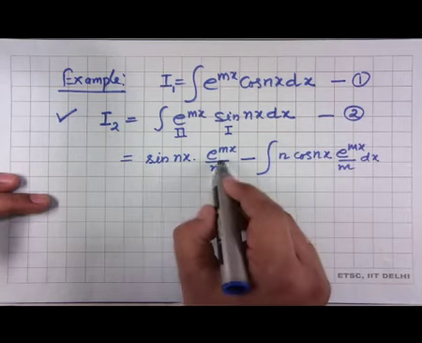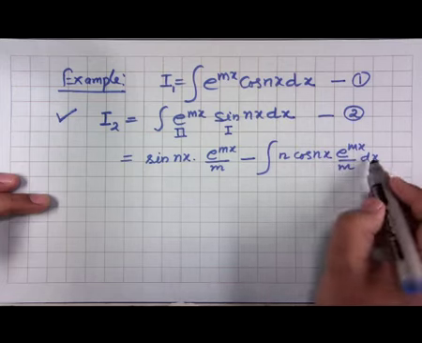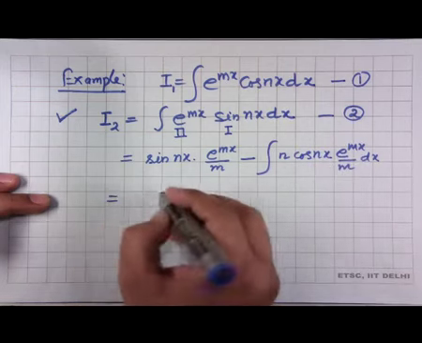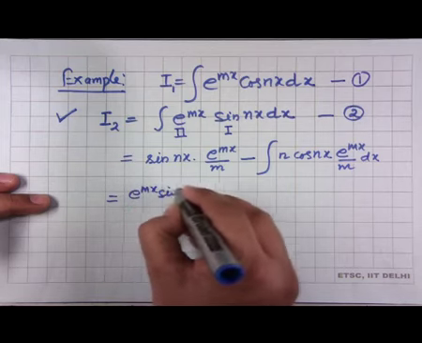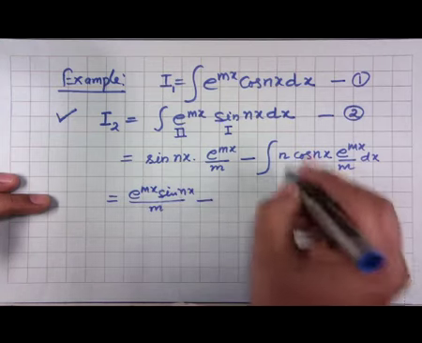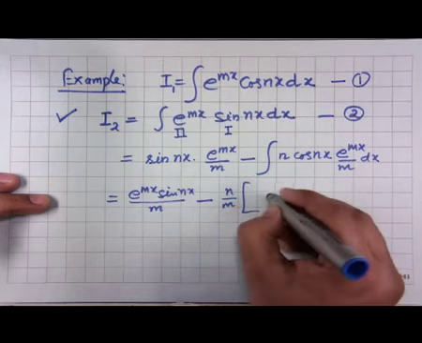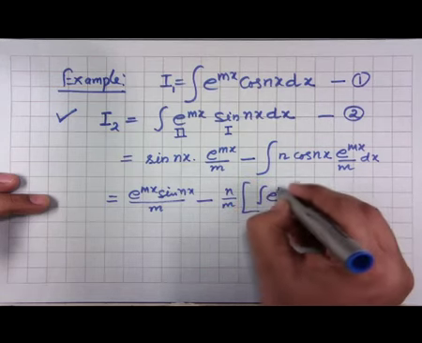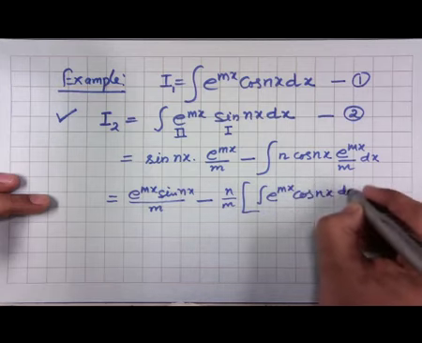First function, integration of the second, minus differentiation of the first, integration of the second dx. So, this will give me e raised to power mx sin nx upon m minus n by m integration of e raised to power mx cos nx dx.